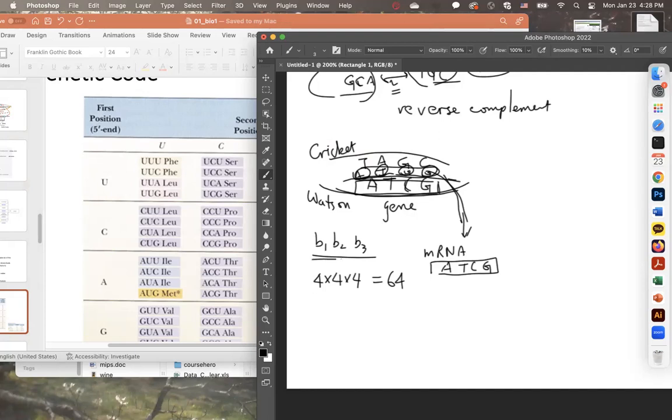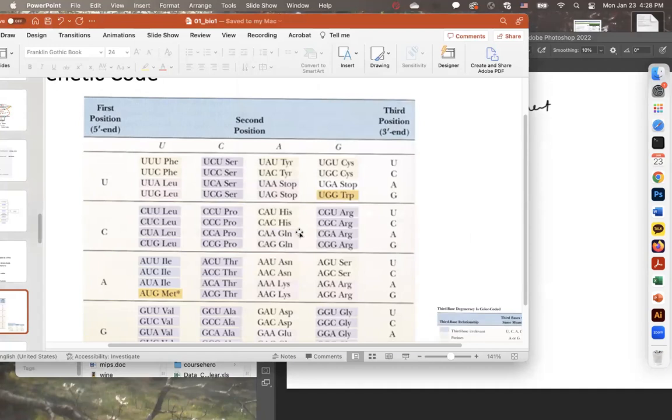And this trimer, or 3 bases, is called the codon. So we have 64 different codons, but we only have 20 amino acids. So this is a multiple-to-1 mapping, not a 1-to-1 mapping.